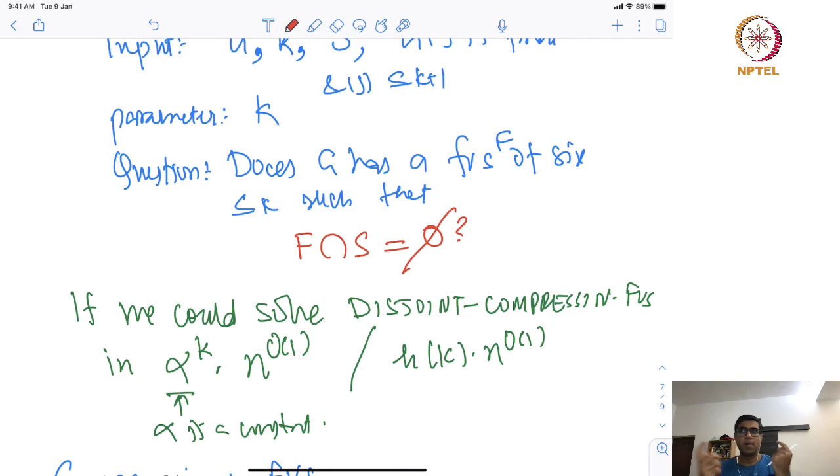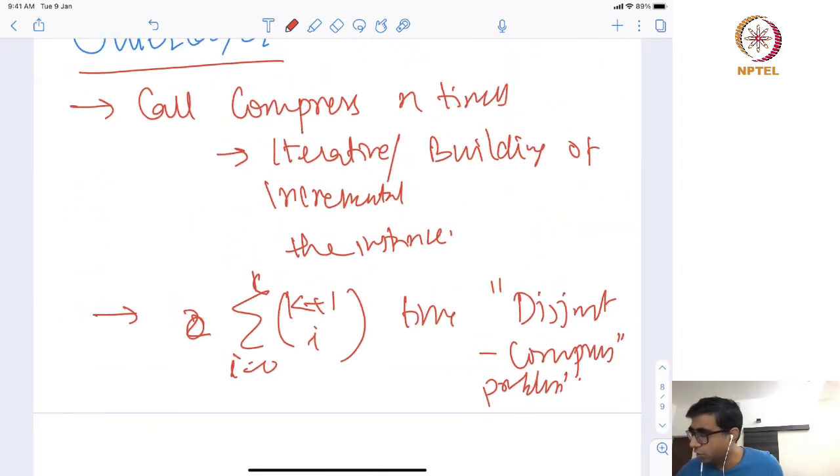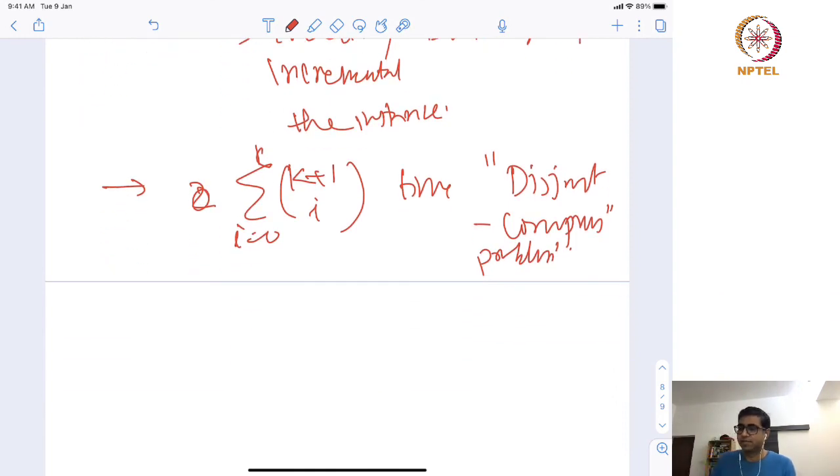These instances are way more structured, and one can exploit them to design algorithms, and that is what I will be doing in the next lectures. I will solve disjoint compress for several other problems, and with that I will end this lecture today.